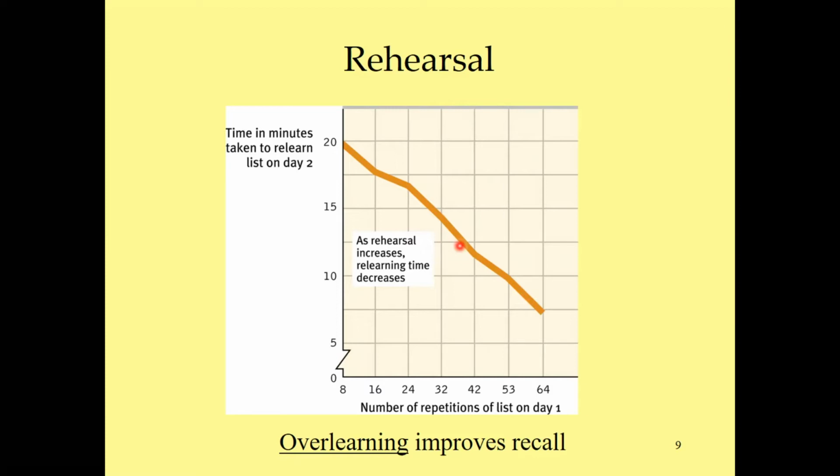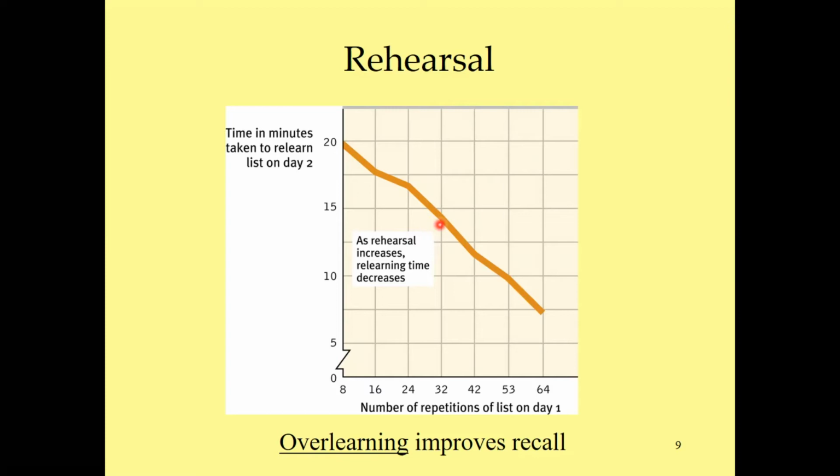It turns out that even a little overlearning gives you a great deal of benefit. They found out that 50% overlearning can triple the amount of information that you remember 3 or 4 days later. So what's that mean? 50% overlearning? Well, if it took you an hour to learn something perfectly, then that means what?